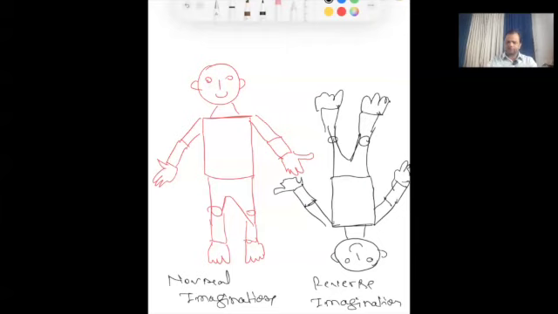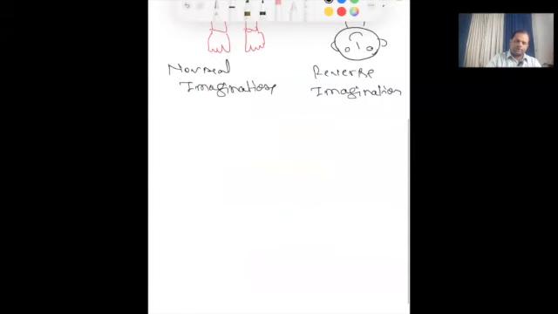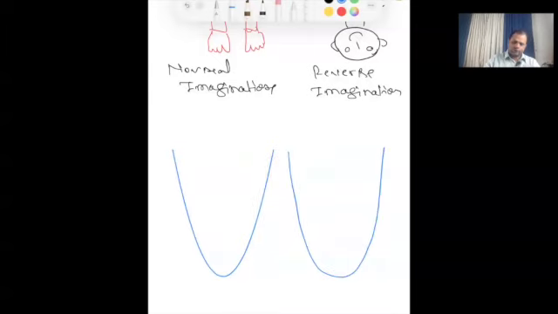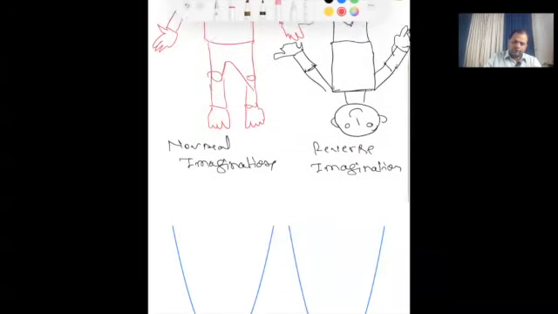So the meaning of this is, suppose we are looking at the tongue, this is the tongue. Tongue is following both types of imagination. In imagination number one, we are having this reverse image here.